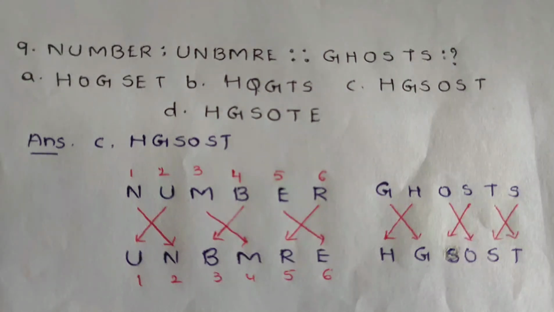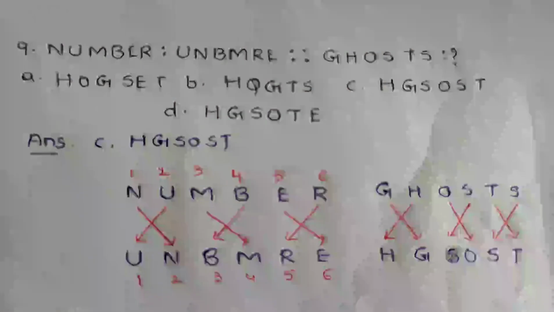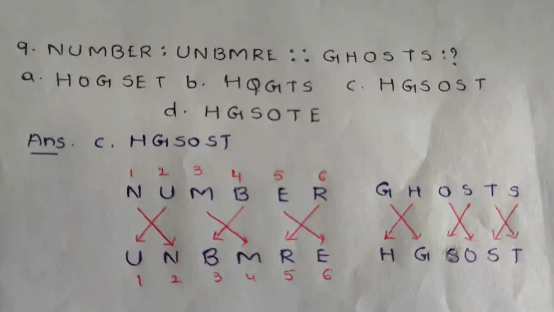Similarly, we change the positions of O and S, so S is written in the third place and O in the fourth place. Similarly, we change the positions of T and S, so S will be in the fifth position and T in the sixth position. So the resultant will be HGSOST. So the option is C.